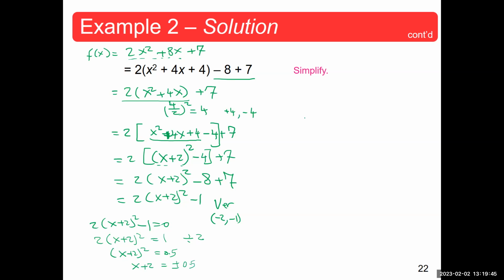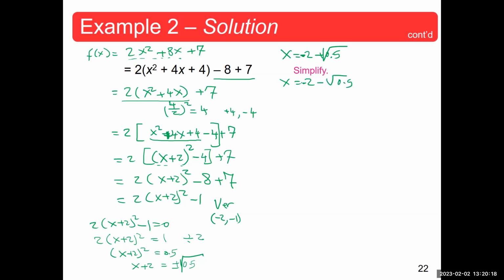2 solutions. x equals negative 2 plus the square root of half, and x equals negative 2 minus the square root of half, because when I move the 2 to the other side it becomes negative, and the negative square root of half.